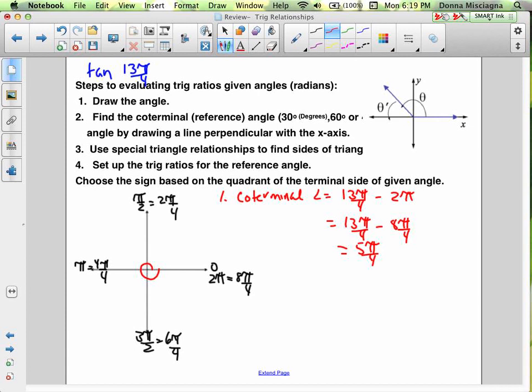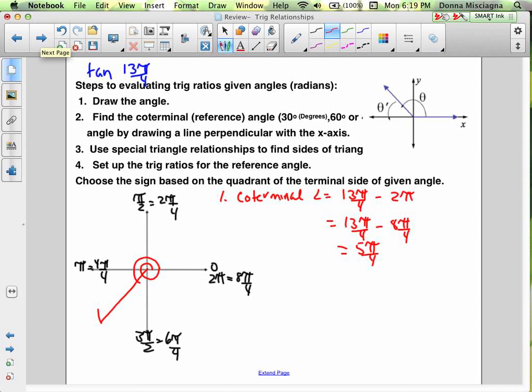So we want to graph 5 pi fourths. From here, this would be another 4 pi fourths, and then 5 pi fourths. So 13 pi fourths goes all the way around the circle, and then another 5 pi fourths.